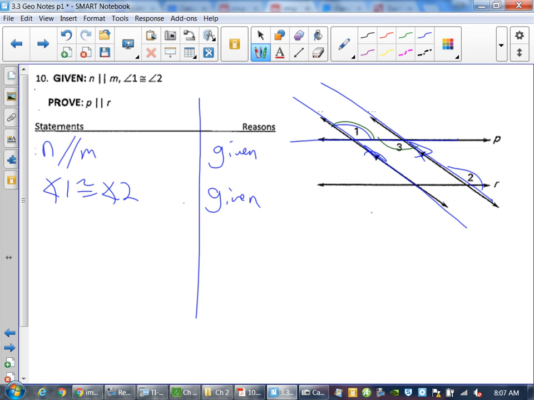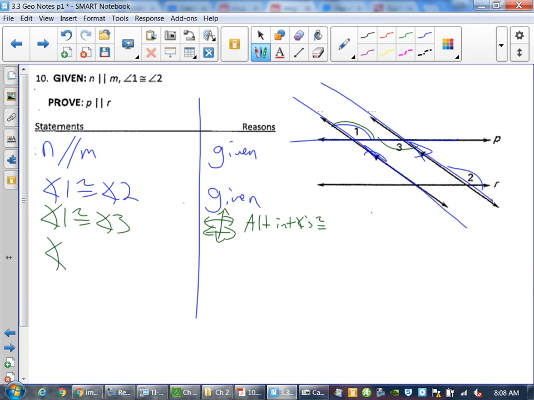So if I look at 1 and 3, what's the relationship on 1 and 3? They're congruent. Alternate interior. So I can say that 1 and 3 are congruent because parallel lines cut by a transversal make alternate interior angles congruent. It's not even that hard. So 1 is 2, 1 is 3. What do we know about 2 and 3? Substitution again.